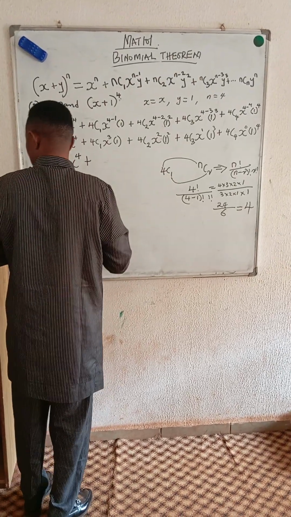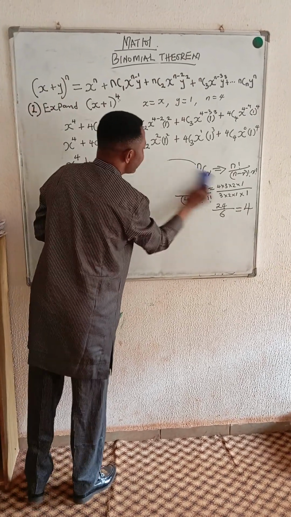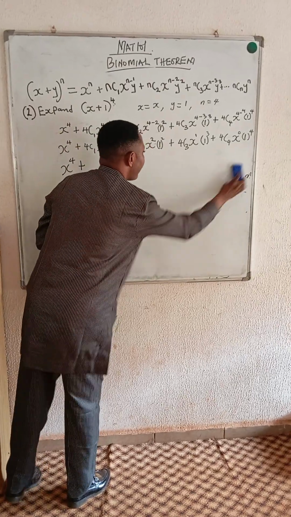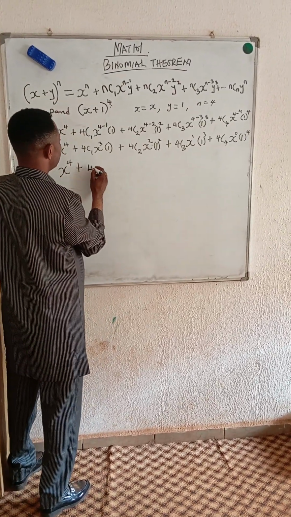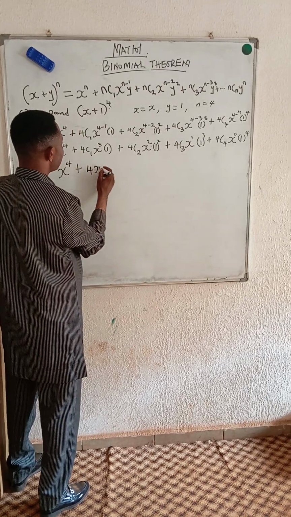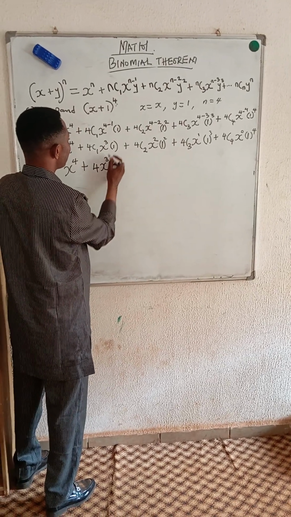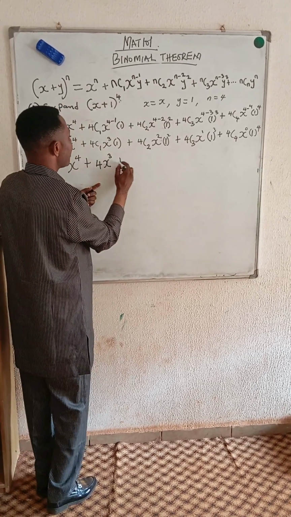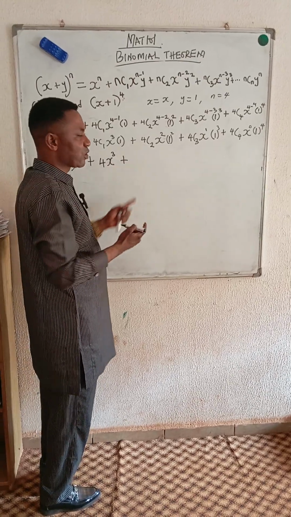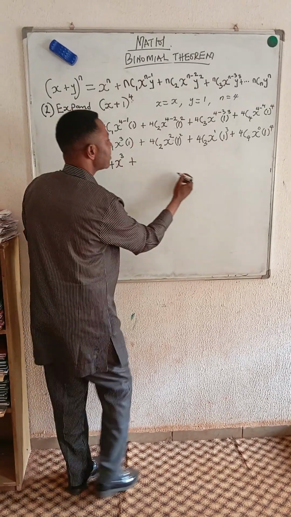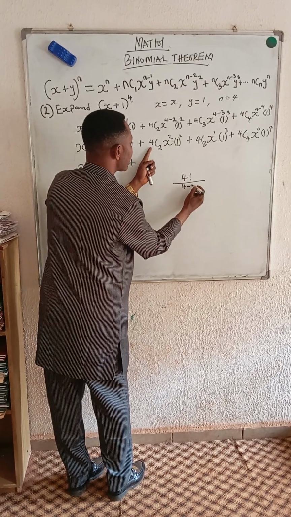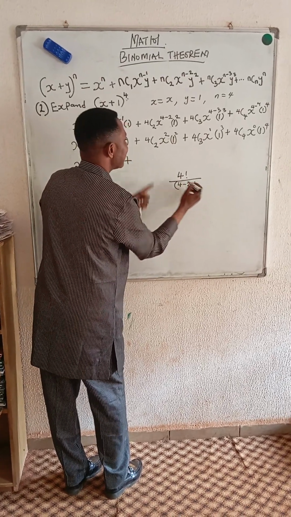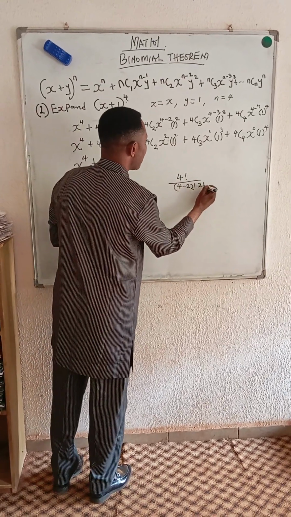It therefore means, so please permit me to remove this now. So we have 4. So here we will put 4x power 3, because multiplying by 1 is the same thing. So here we will still do 4 combination 2, the same process, which means 4 factorial all over 4 minus 2 factorial, then multiply by 2 factorial.